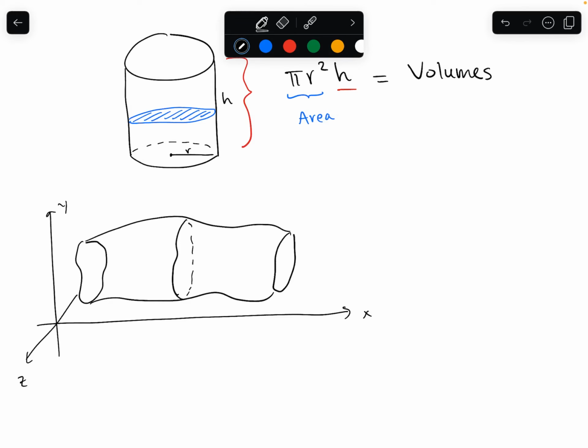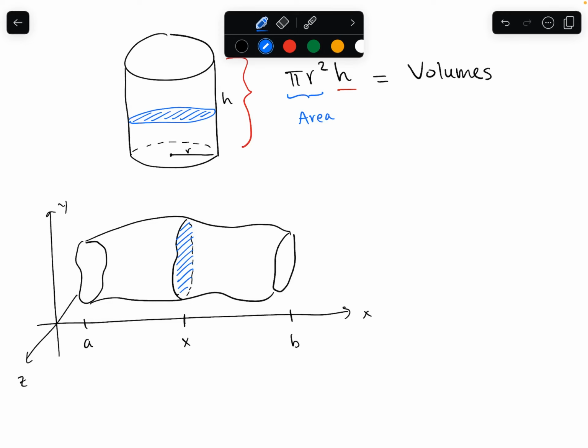Say the x-axis here goes from A to B, and then say I'm at some point x right here. Well, if I want to compute the volume of this thing, you go to a point x that's arbitrary, just somewhere in between A and B.